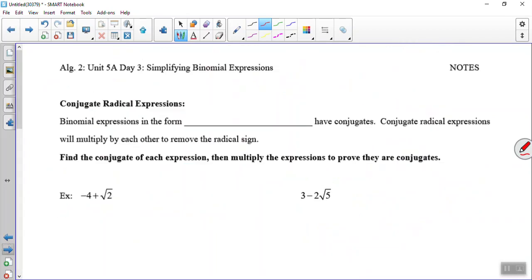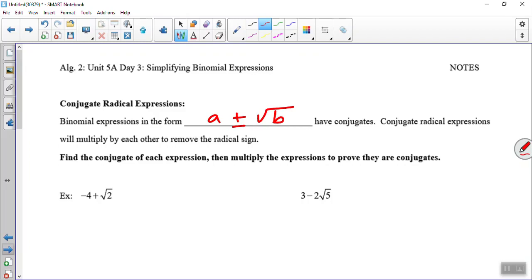All right, dividing, also known as simplifying or rationalizing the denominator. Binomial expressions in the form of a plus or minus the square root of b will have a conjugate, the same way we did with imaginaries.